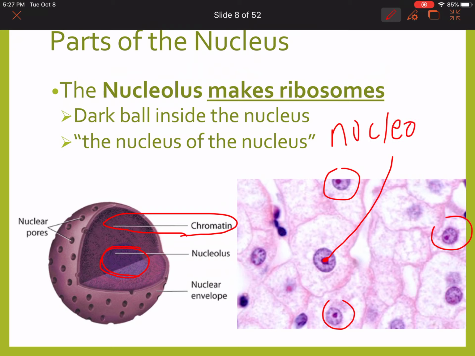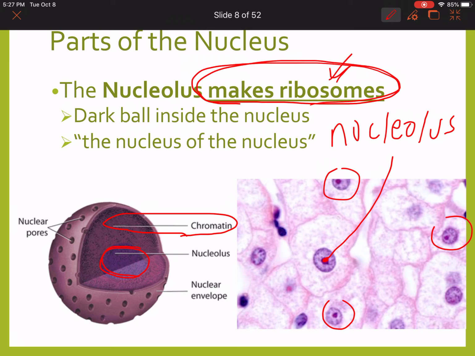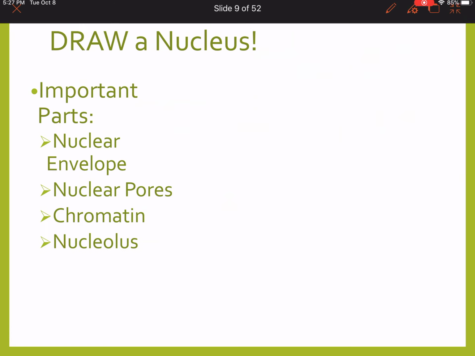Think of it as the nucleus inside the nucleus. It's a ball that makes ribosomes. Now, we haven't really talked about ribosomes yet, but you're going to learn ribosomes make proteins. So the nucleolus makes the things that make the proteins. Okay? Kind of important. We'll talk more about it later.